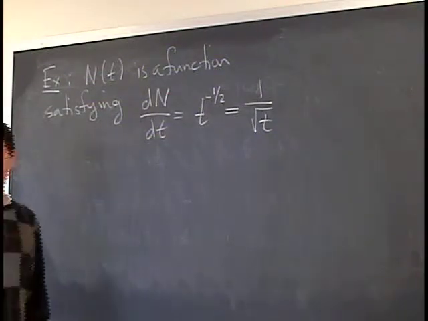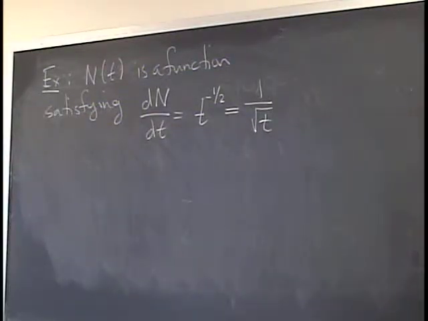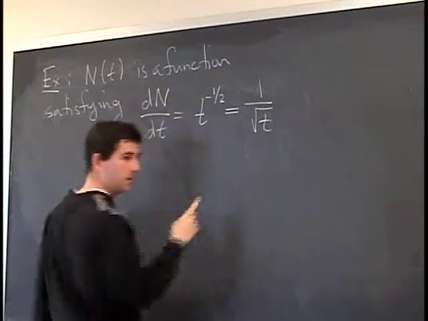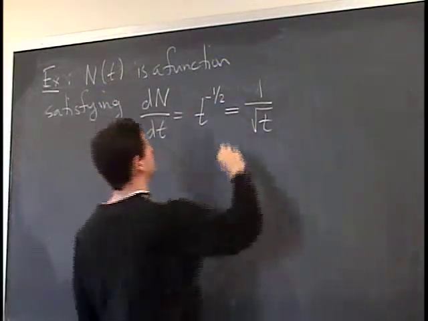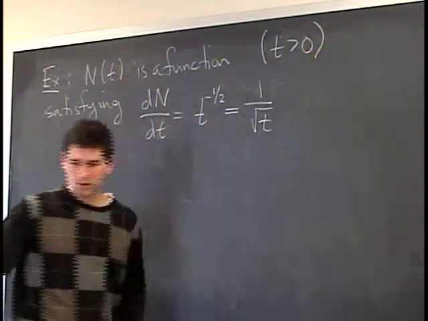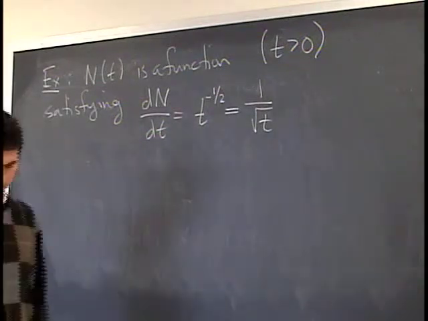Okay, now last time when we had the rocket ship going, we assumed that t was greater than or equal to 0. What should I assume here? It better be greater than 0. I'll just add that up there. So I'm only going to look when t is greater than 0. Okay, fine. No big problem.